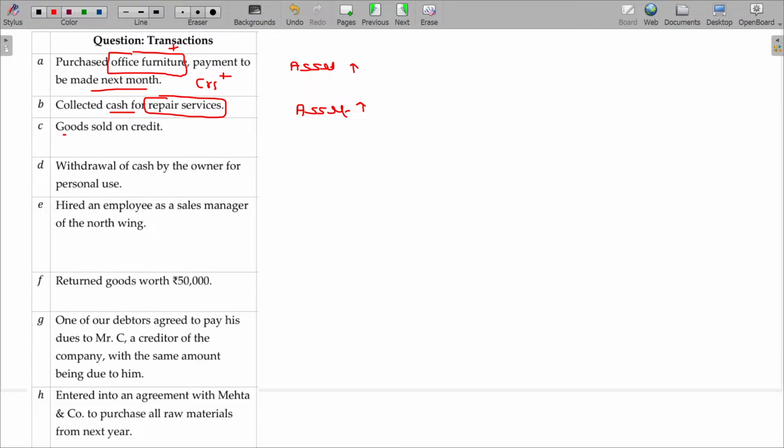Goods sold on credit. Increase, decrease, or no change? Come on. How many of you prefer to go for this one? Raise your hands.